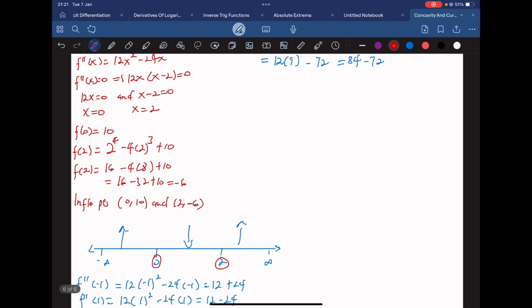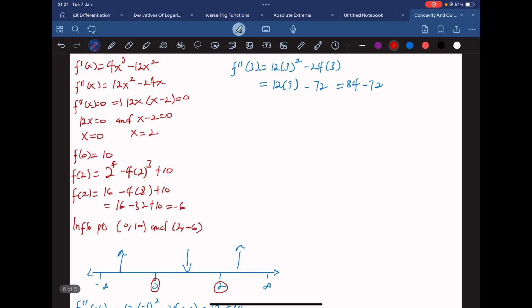Okay, so now we can conclude to say that the function is concave up on negative infinity to 0, and if we draw the graph, this should depict it as well. And from 2 to infinity, it is concave up.